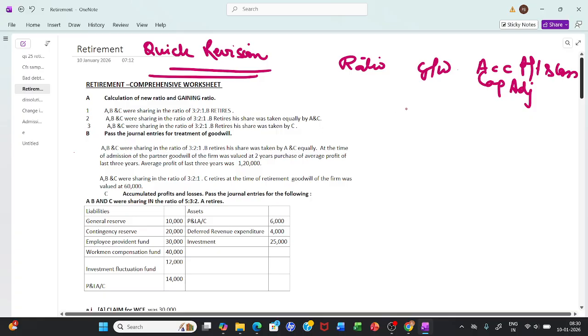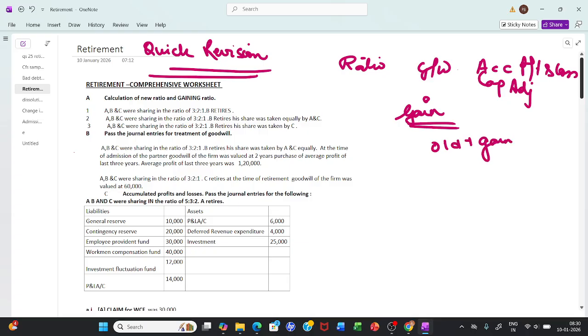In admission, a partner sacrifices, and the new ratio is there in both. But here someone gains. Someone is going, and the others gain his share. So old plus gain is equal to new, so gain is equal to new minus old share.